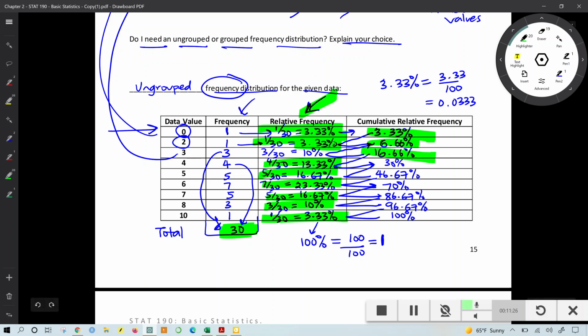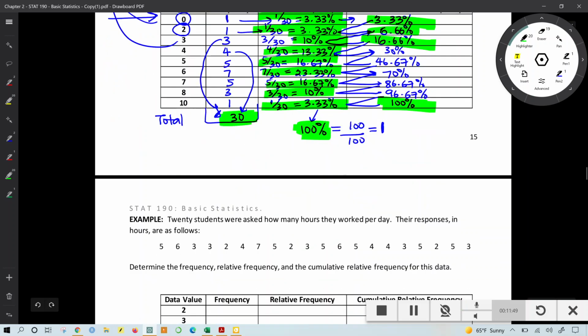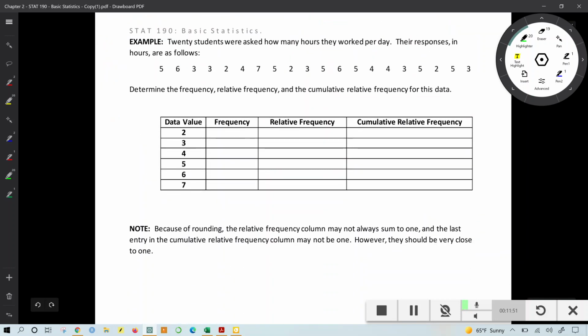The third cumulative relative frequency is the addition of the first three relative frequencies together. So also observe that the last cumulative relative frequency, 100%, is always equal to the total relative frequency. These points are well worthy of note. So we proceed to another example.